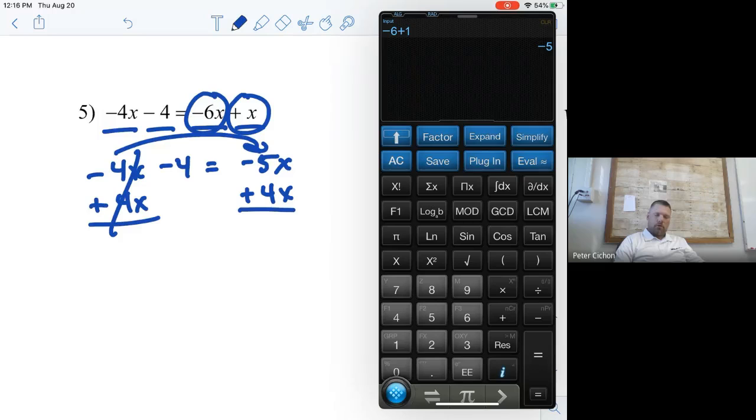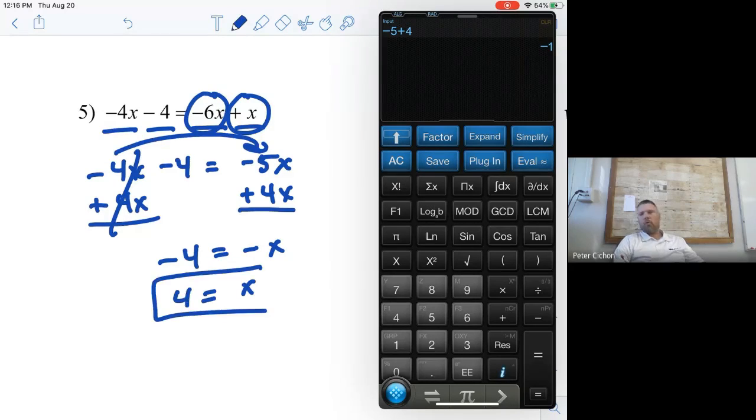Negative 5 plus 4, negative 1. Negative 4 equals negative x. Two negatives make a positive. x equals 4.